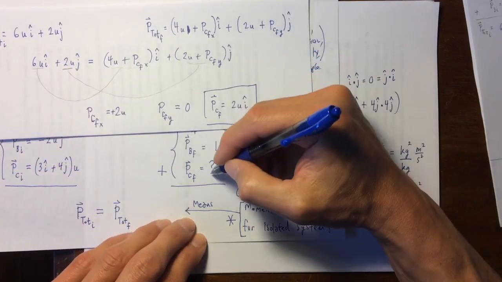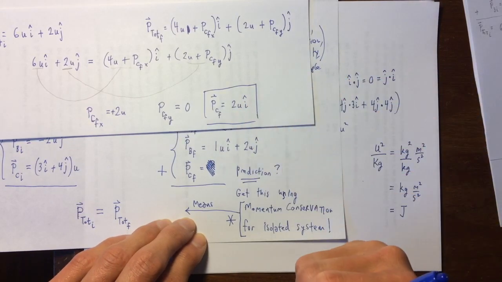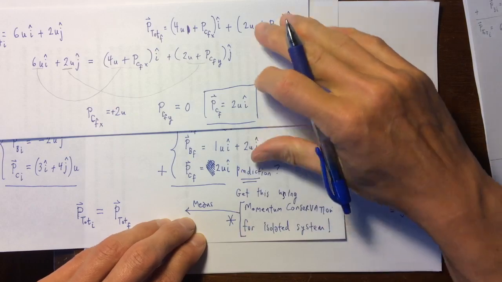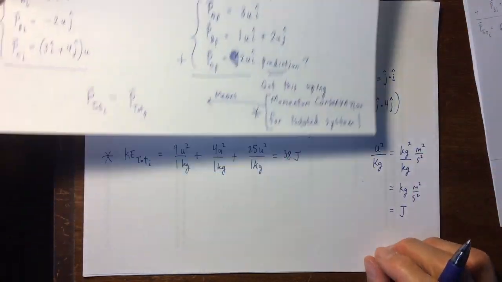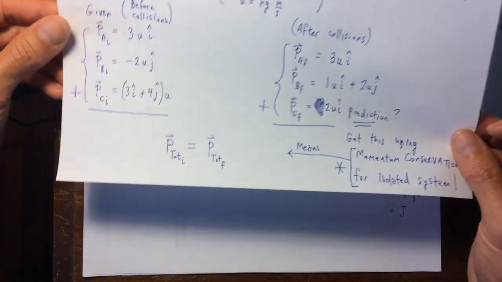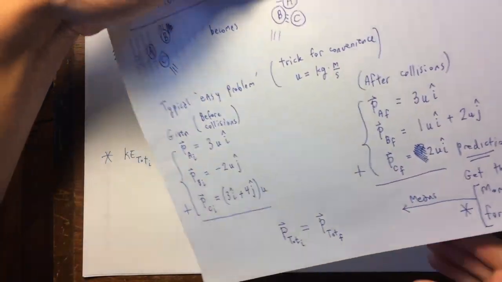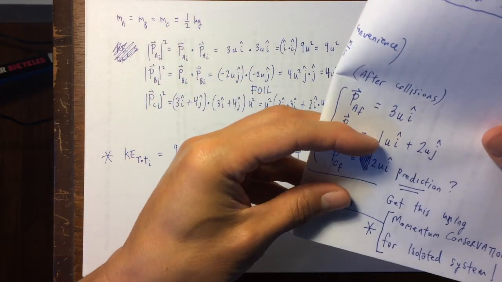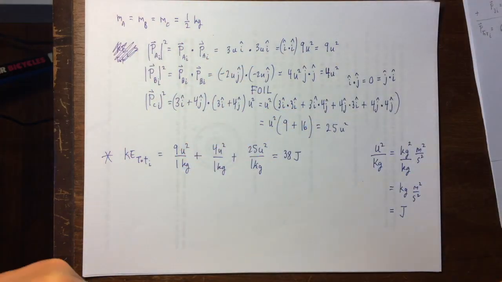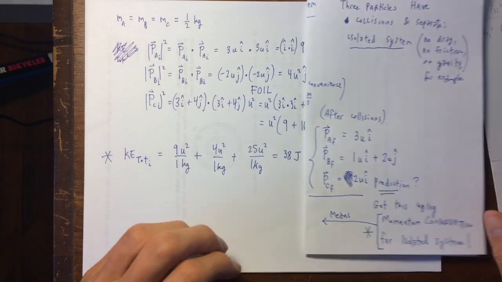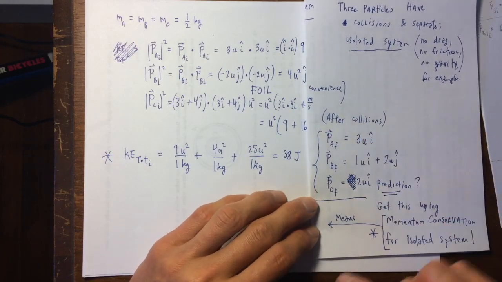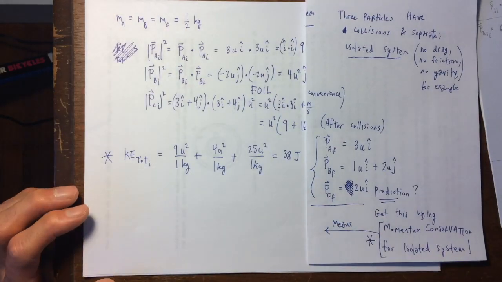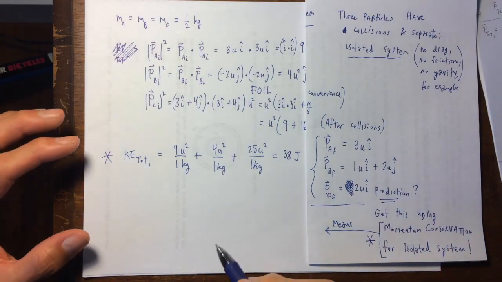So I'm going to scrub out the fact that we don't know it and put in that we do know it because we finished that part. So let's do this. I'm going to do it a little bit faster, but if you're not comfortable squaring these vectors really quickly, it would be worth your time to be more careful and do it yourself.